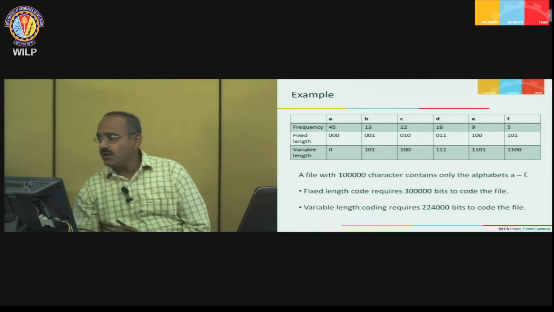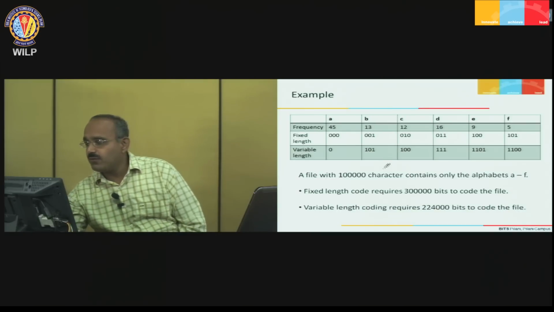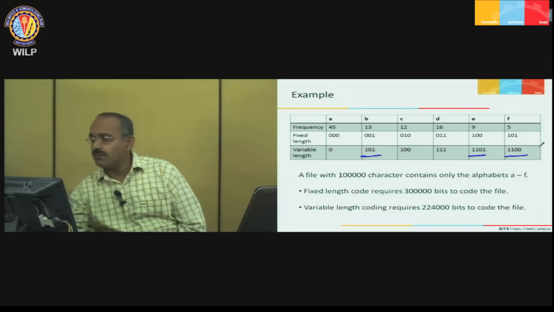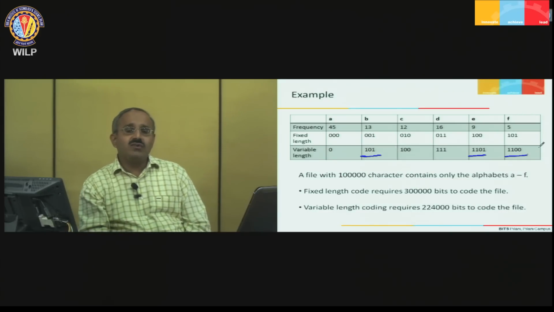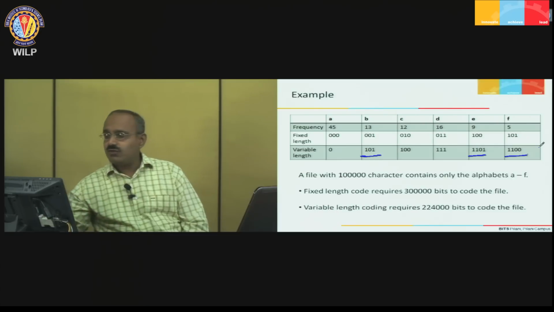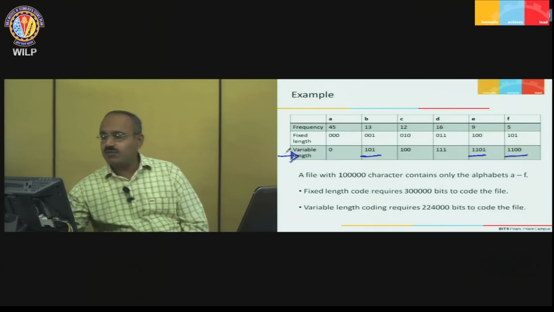We see that in this no code is a prefix of another code. If you pick up anything, say 101, it is not a prefix of any other code here. So, we can check that none of the codes are prefixes of any other codes, and this variable length scheme is also a prefix code.